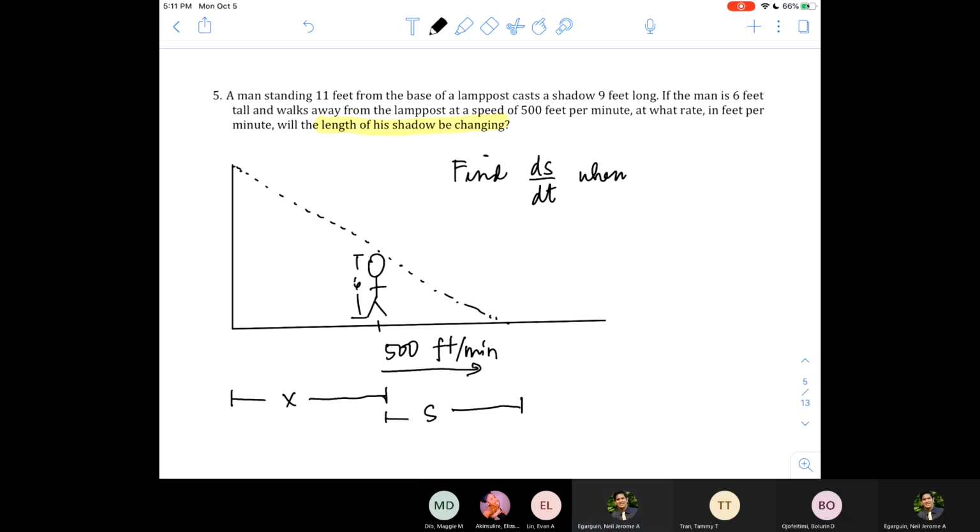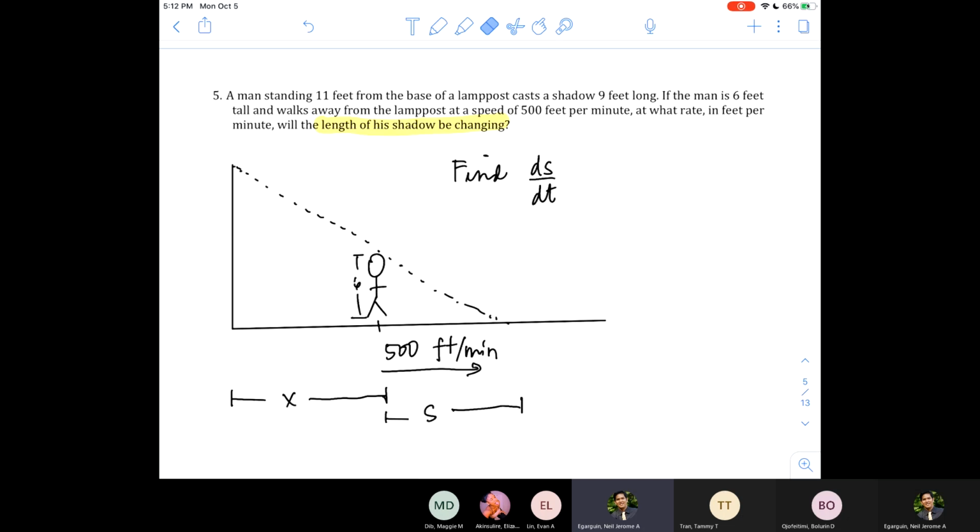Okay, there's no particular moment mentioned here, so I'm guessing that won't be material. Because here I don't see any particular moment of interest, and that's a signal that we might not even use it, right? So there might be no s or x variable left. So let's just keep it there.